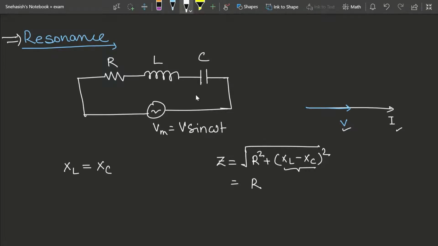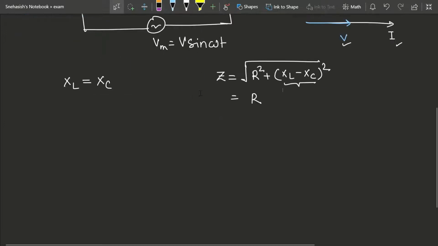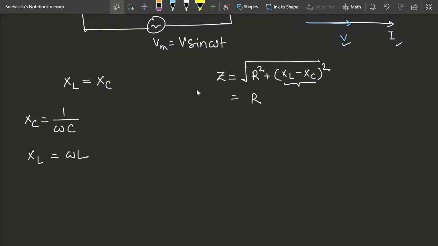So now as we know, what is XC? XC equals 1 upon omega C, and what is XL? XL equals omega L. So as the inductance of the inductor increases, XL will increase, and whenever the capacitance of the capacitor decreases, the XC will increase.